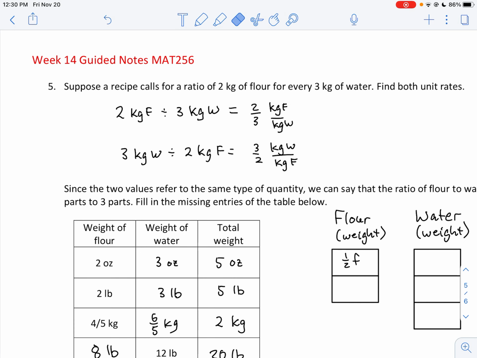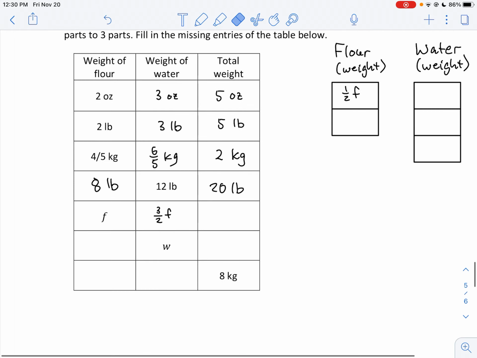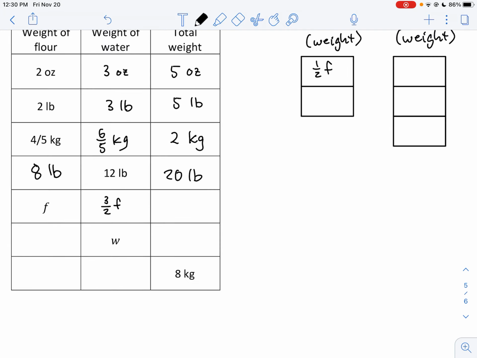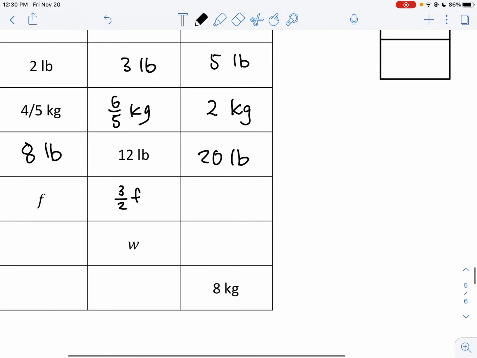Rate, that's going to be this one, divided by 3/2. And then the total, in terms of F, would be, what's 1 plus 3/2? It's 1 F plus 3/2 Fs. That's going to be 2/2 Fs plus 3/2 Fs. We're going to have 5/2 Fs. Whatever that F number was, standing for an amount of flour, in weight, a weight of flour.